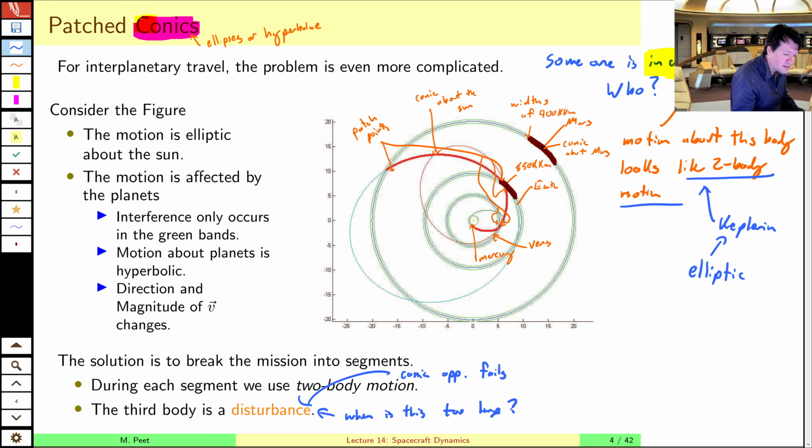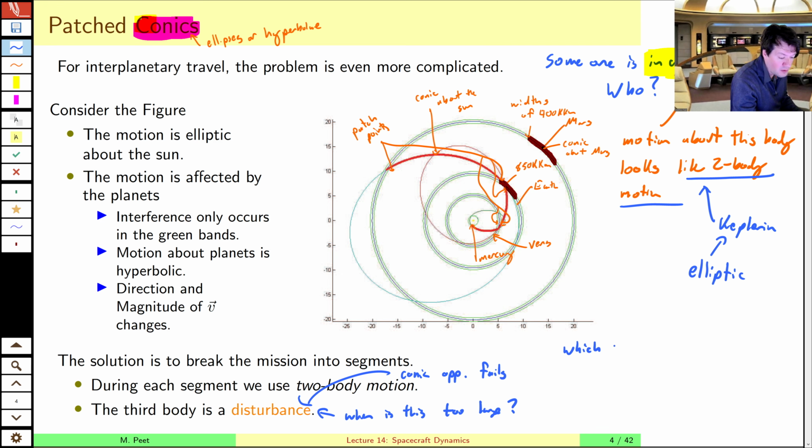Basically, the criterion for a patch point is: when does the motion around one body look more conic than the other?